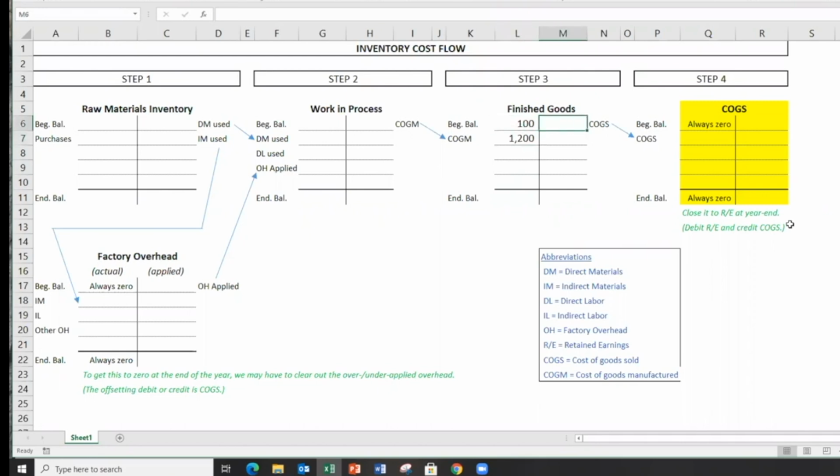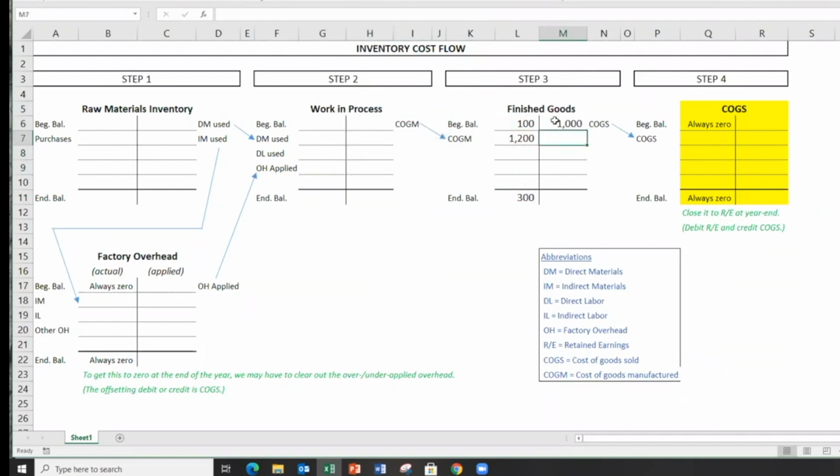But what did we sell? Well, you'll have to be given that number, right? Or we could calculate it by looking at our ending balance. Let's say we've got $300 of finished goods at the end of the month. See, that's our ending balance. Started off with 100. We finished 1,200 more of goods, but we only ended up with 300 left.